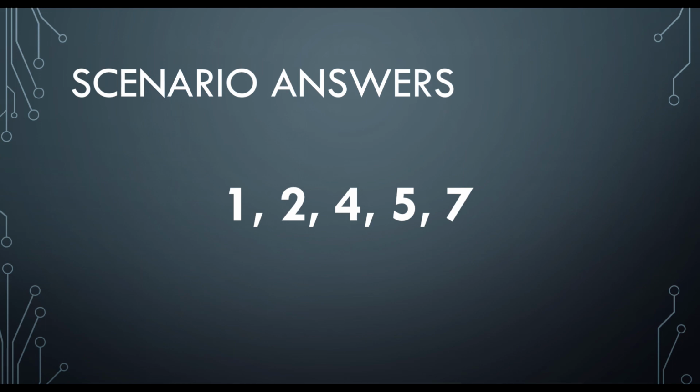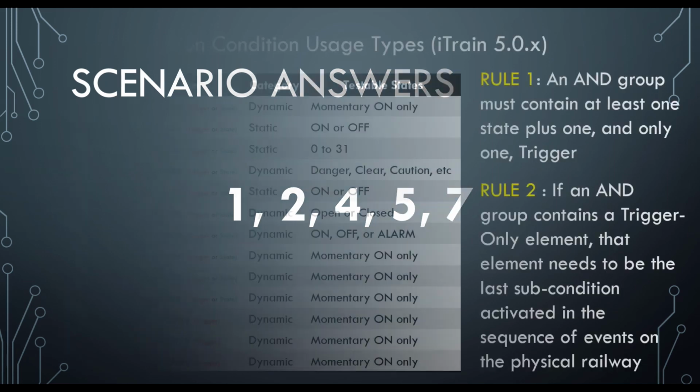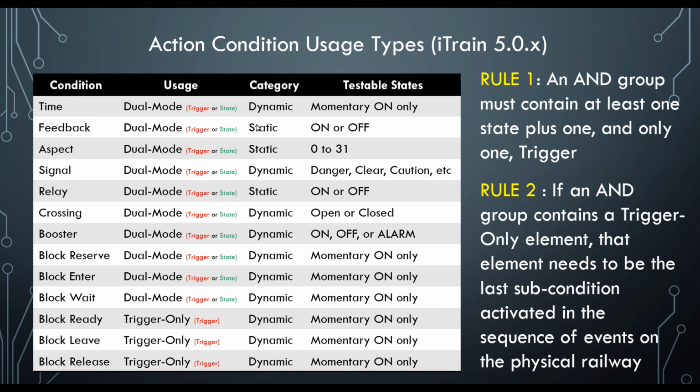Okay, that was a long tutorial, so let's quickly recap. Static elements can be used more or less as we like in any order and in any number in an AND group without affecting the action's outcome. And we are also able to test for any of their possible states at any time.